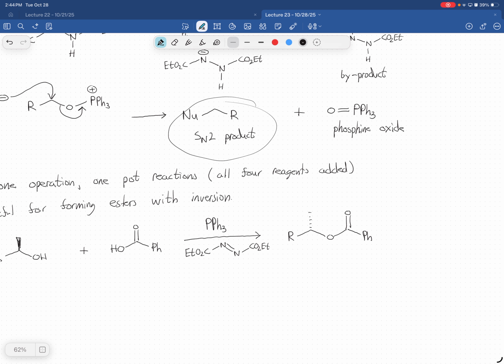The byproducts here are PPh3 phosphine oxide. Oops, sorry, I forgot the phosphorus. My bad. Plus the byproduct of the DEAD reagent.